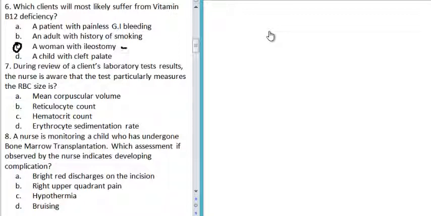Why? Because vitamin B12 is absorbed, I repeat, vitamin B12 is absorbed in the ileum.